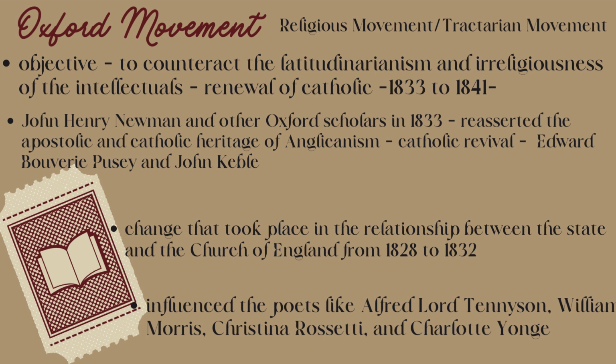The main aim of the Oxford Movement was to counteract the latitudinarianism and irreligiousness of the intellectuals of that period, that is, to renew the Catholic practice in the Church of England. These intellectual Oxford scholars rebelled and protested against the practices in the Protestant church.